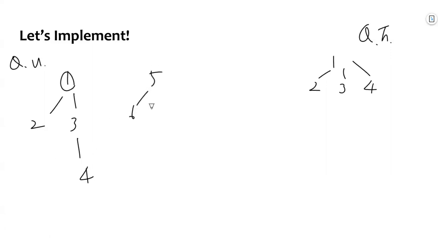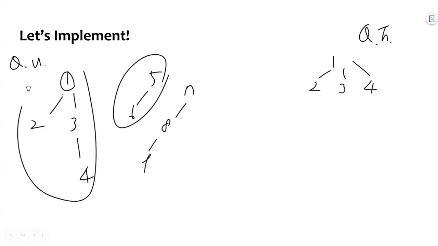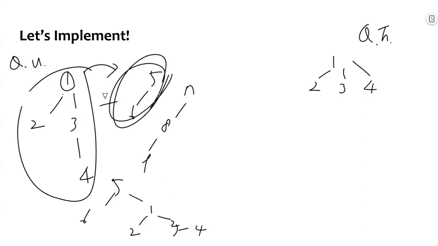So when we are combining, let's say this group and this group, if we combine the first one to this one, then the maximum height becomes larger. So 5, 6, and 1, 2, 3, 4, like this. However, if you connect this one to this one, then the maximum height does not change because 5 and 6 go here.